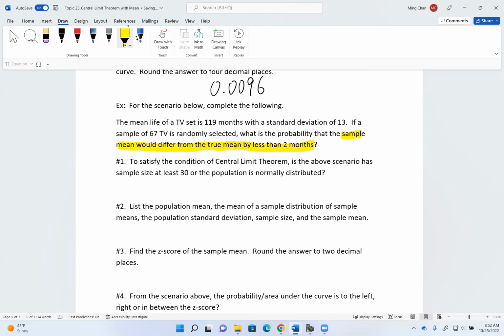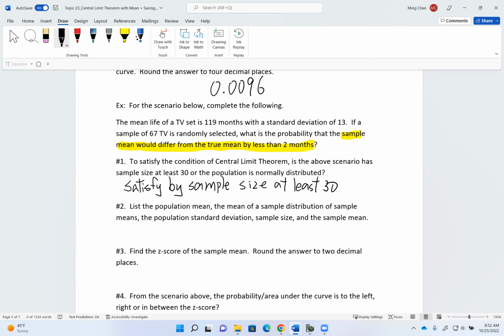So again, number one, the sample size is 67. I'm satisfying the central limit theorem by sample size at least 30.